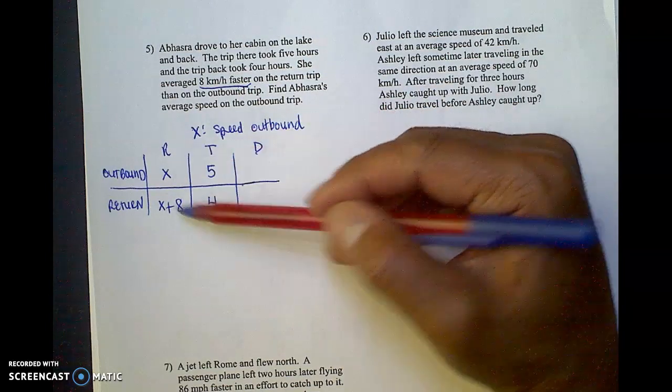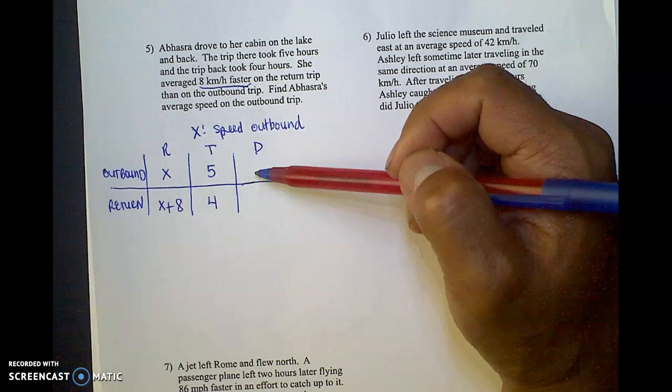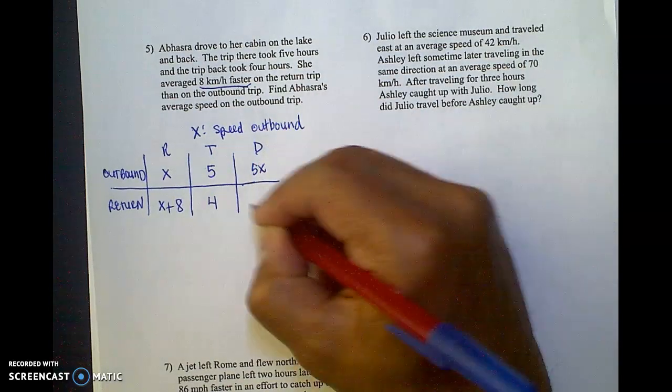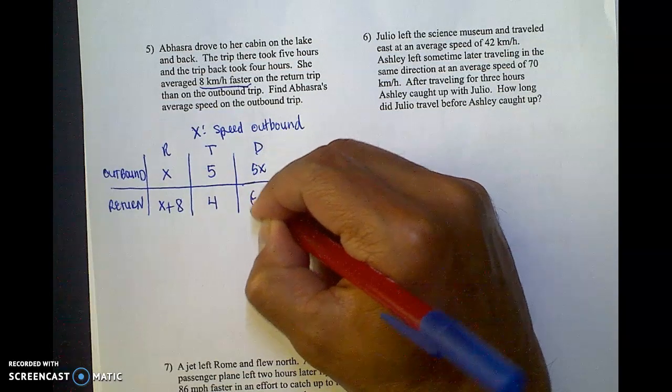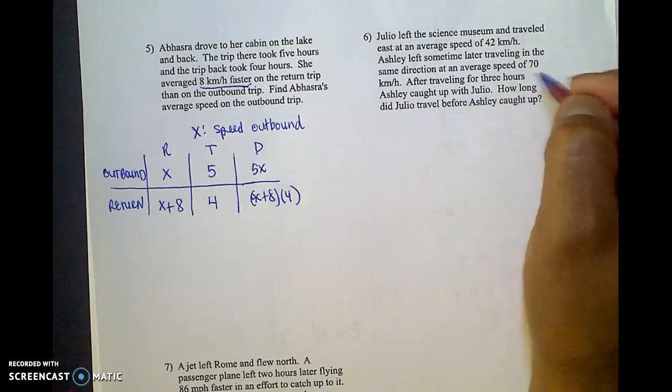Alright, so we got our rate column filled in, our time column filled in, so now we're going to fill in the distance boxes. Again, it's rate times time.